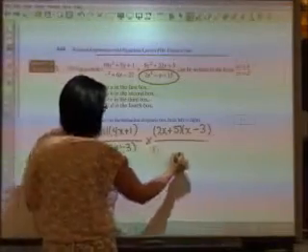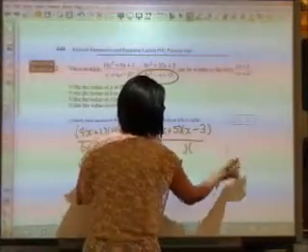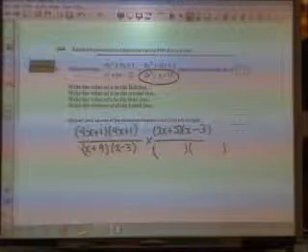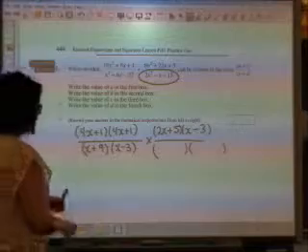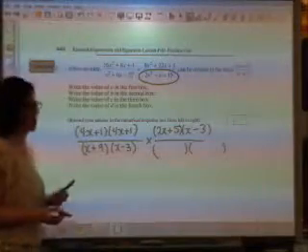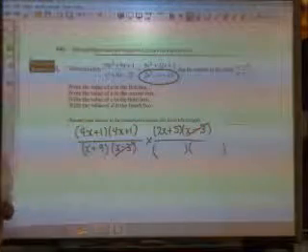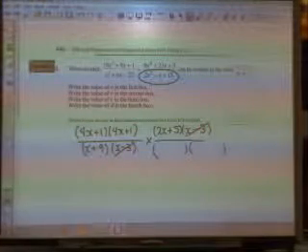So if I go to factor this without doing decomposition, take a look at the question. I know already that I can cancel this out. That gives me a hint right off the start.